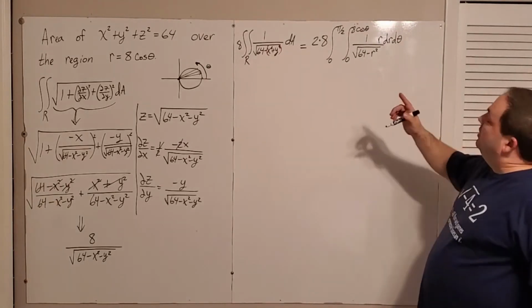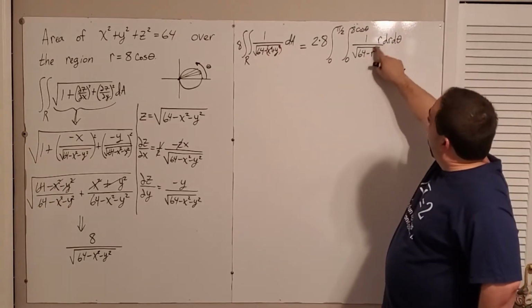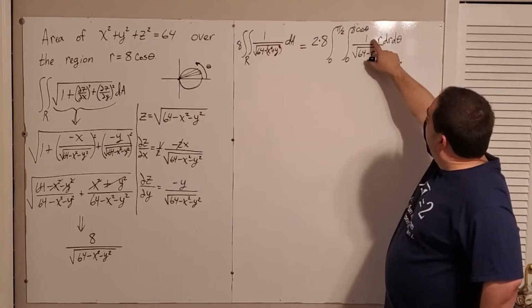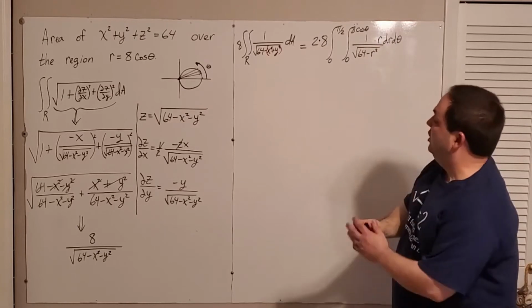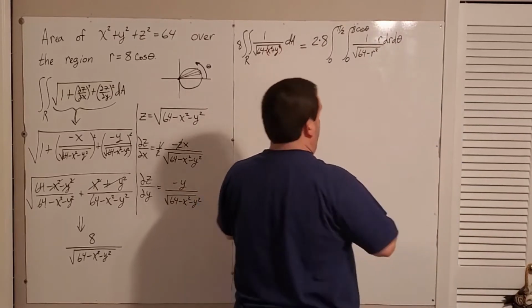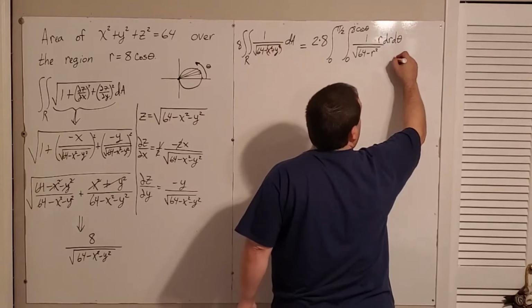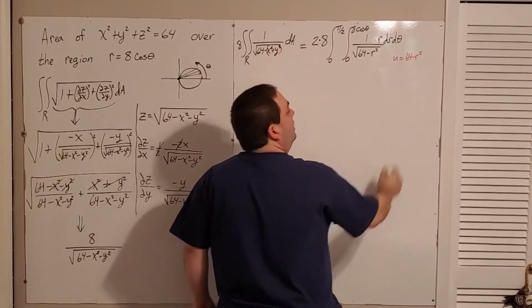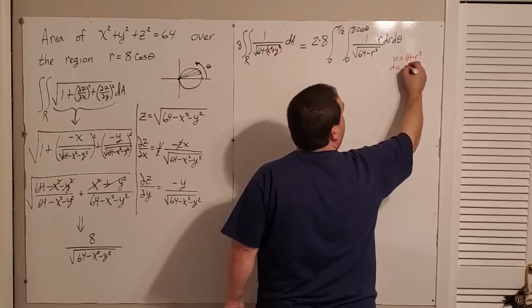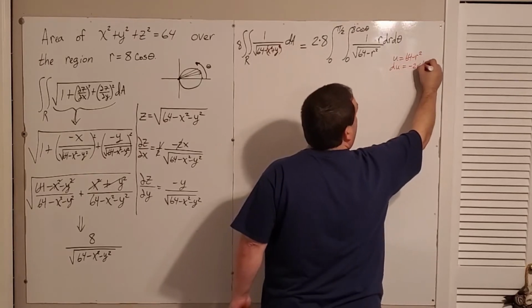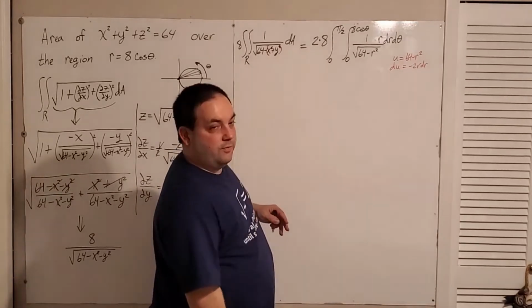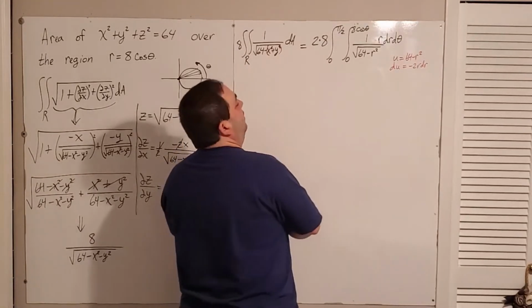Okay, so then notice right away, this is already a substitution, right? I can right here say that I would let u be 64 minus r squared, in which case du would be negative 2r dr, right? If you're going to write out all of the different steps for your substitution there, that's fine.